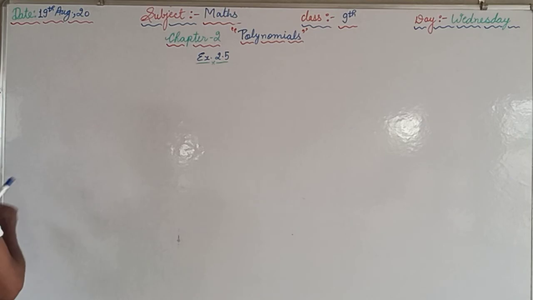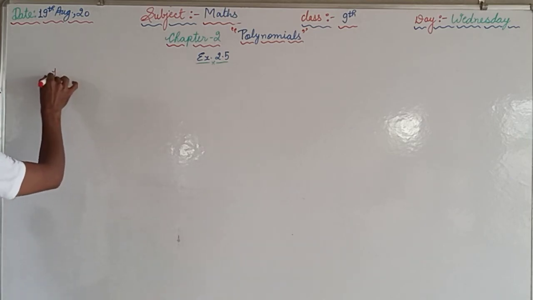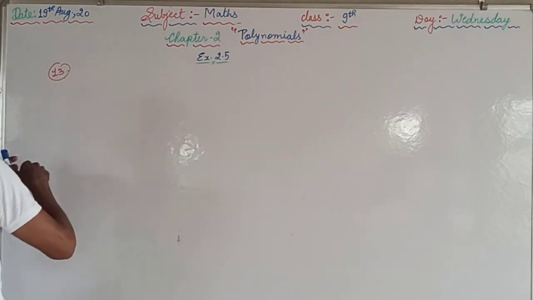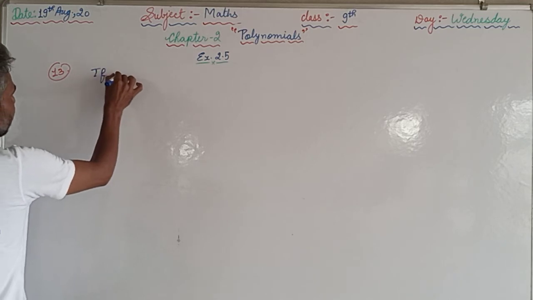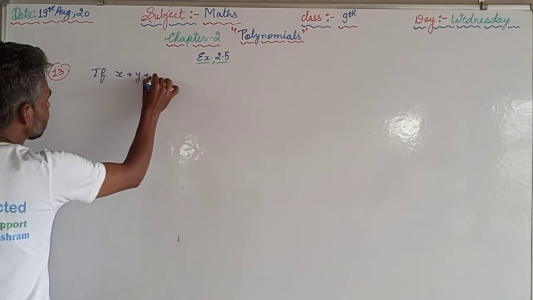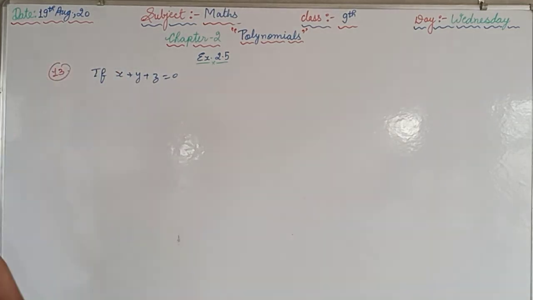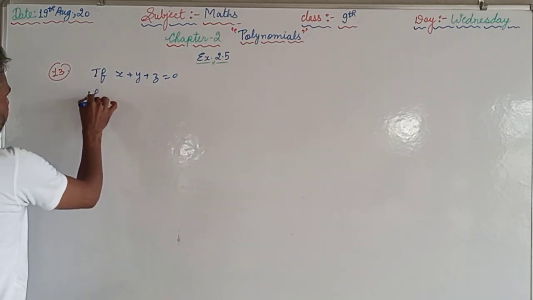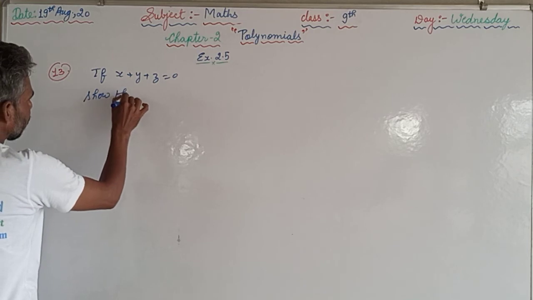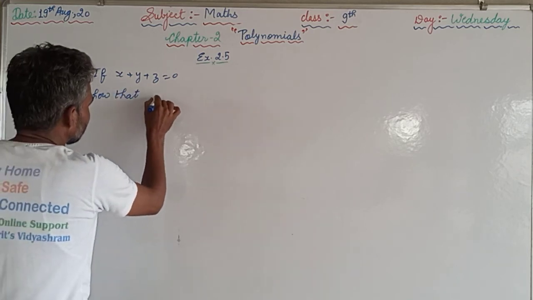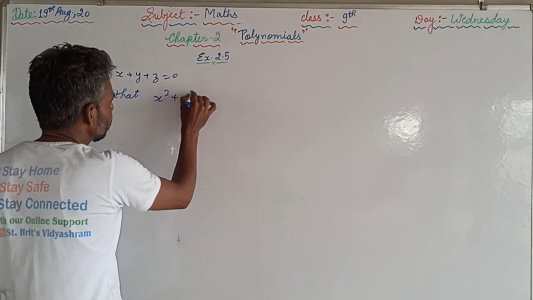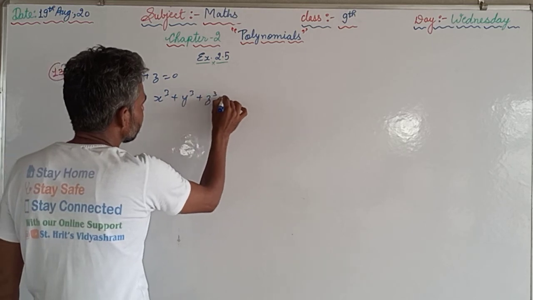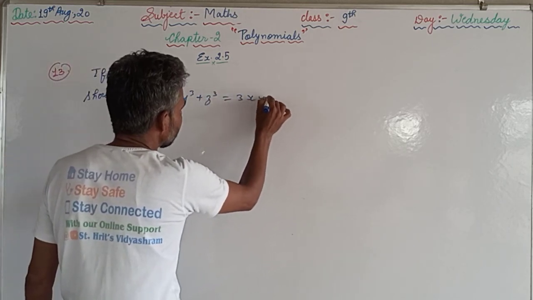Question number 13 is given: if x plus y plus z is equal to 0, then show that x cube plus y cube plus z cube is equal to 3xyz.